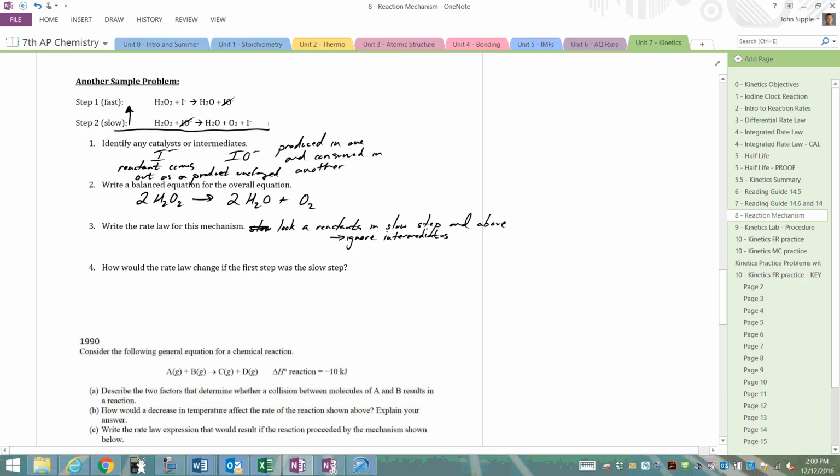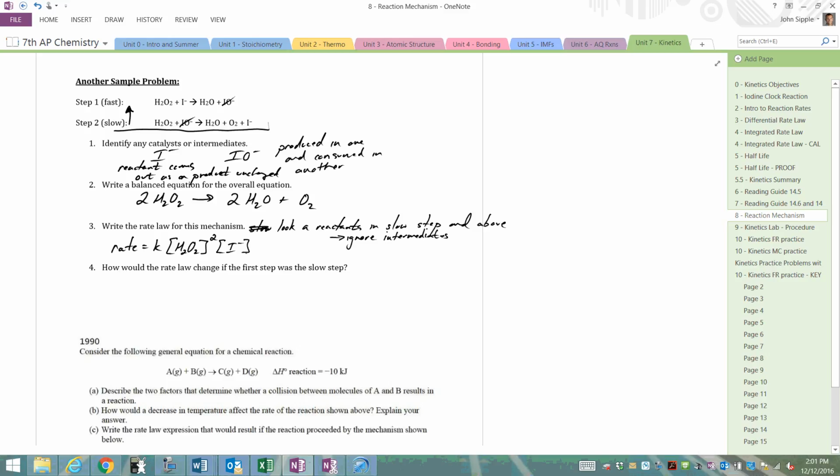So when we write the rate law for this, rate is going to be equal to k times the concentration of H2O2, hydrogen peroxide, squared, times the concentration of iodide.